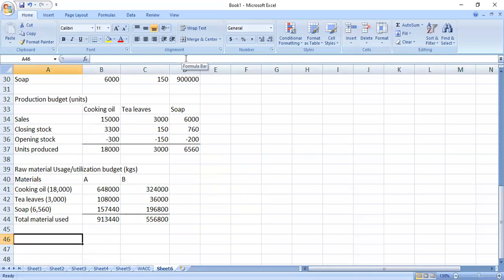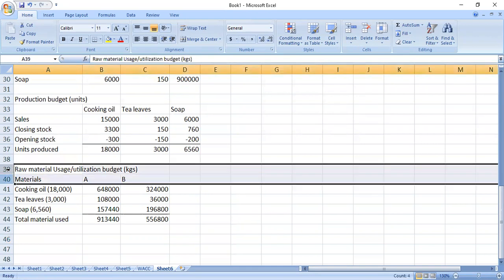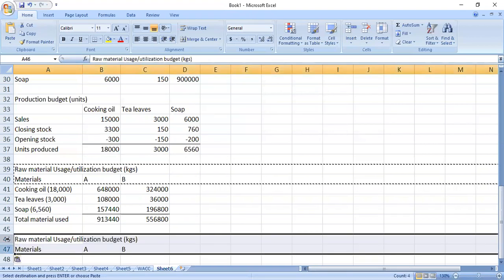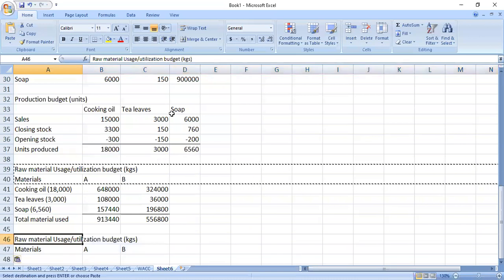How many did you actually buy? That's where the opening and the closing stock comes in. We need to borrow this information, a small part. In this case, this is cost, not usage.